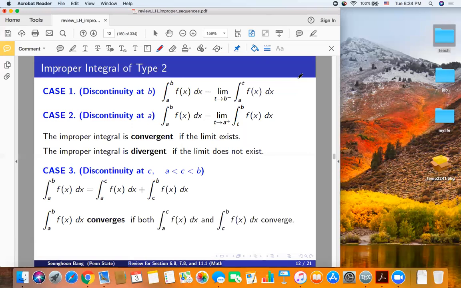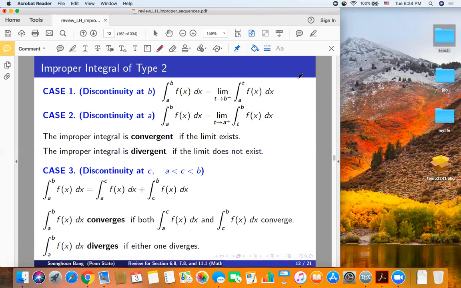Both improper integrals from A to C and from C to B must converge. The improper integral is divergent if either one is divergent. This is the exact definition of improper integral.